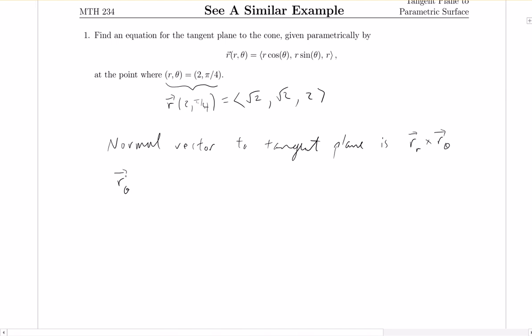So first, r_theta is minus r sine theta, r cosine theta, 0. And the partial derivatives with respect to r are cosine theta, sine theta, 1.